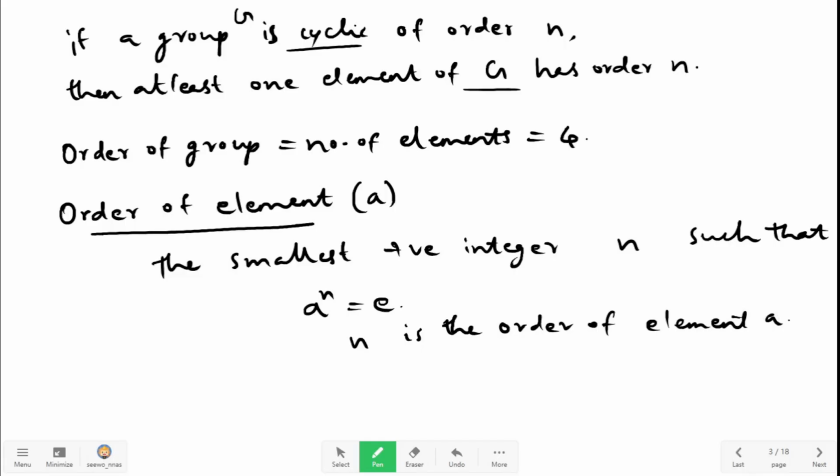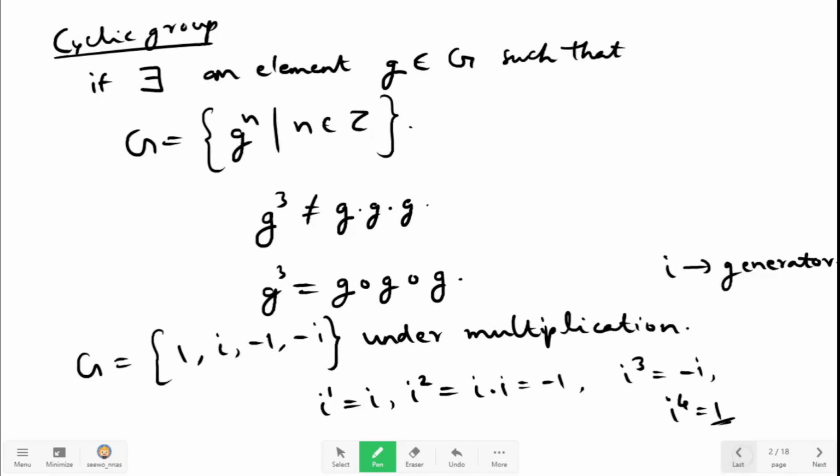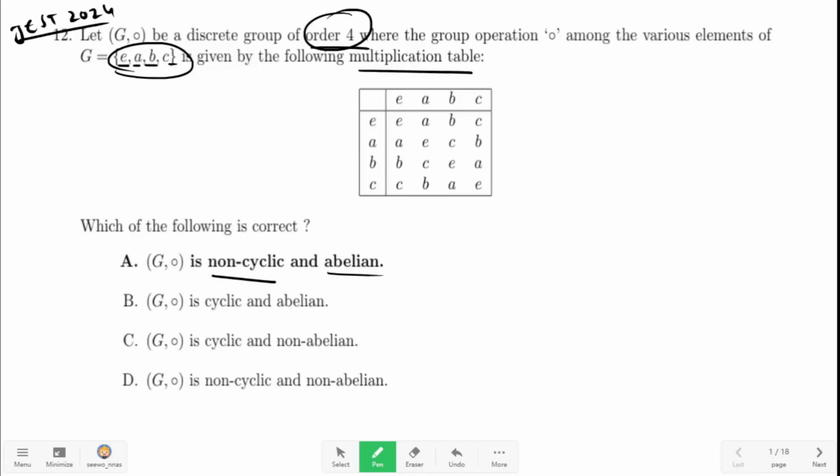So in our problem the order of the group is equal to 4. For the group to be cyclic, at least one element of the group should be of order 4. Let's see. If A is of order 4, then we need A operation A operation A operation A to be equal to identity, and A operation A operation A, and A operation A, should never be identity.